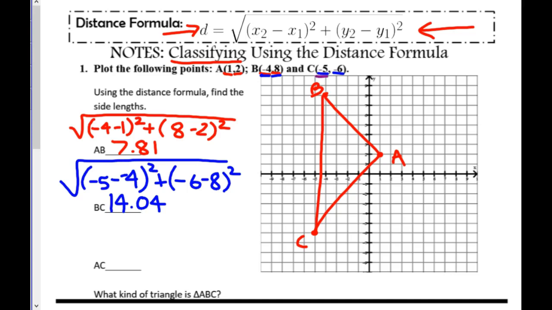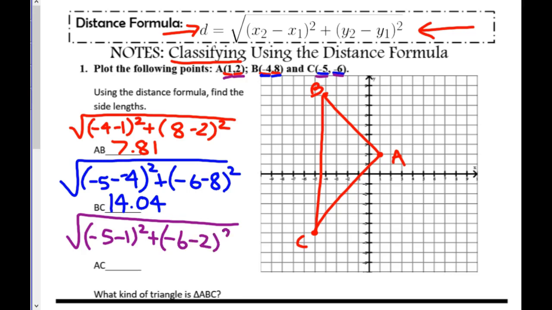So x2 minus x1, with a long square root, and we're doing negative 5 minus 1, parentheses squared, plus y2 minus y1, negative 6 minus 2, parentheses squared.